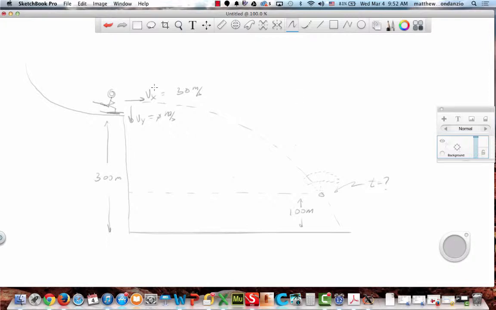So he's got two different motions, and the vertical motion is what kind of motion? Gravitation. Negative. Say it again, Courtney. Constant acceleration. The kind of motion that he has going vertically is what, guys?